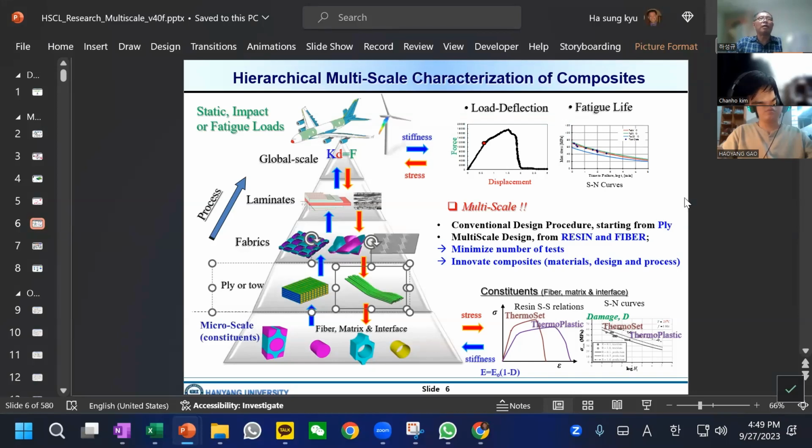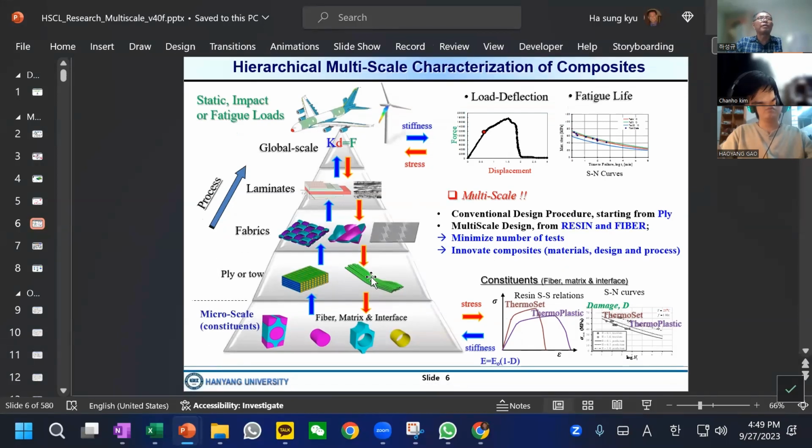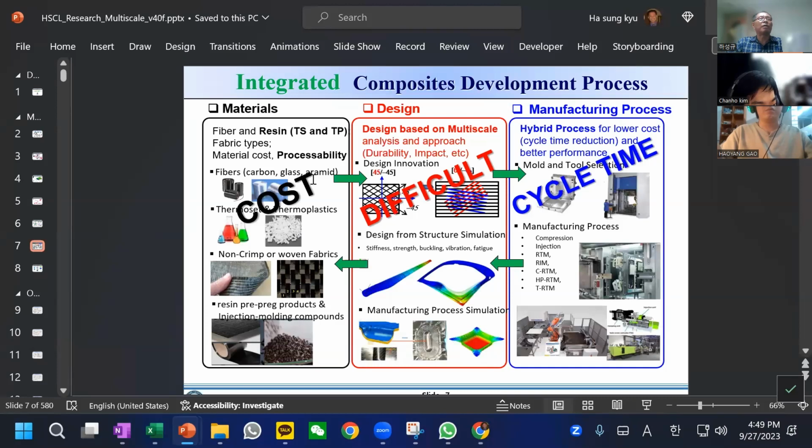So this is the tool, and then now as a designer, we like to develop a composite part. With understanding of all the composite microscopic overview and understanding global view, but there are not many composite designers all over the world. We are lacking designers.